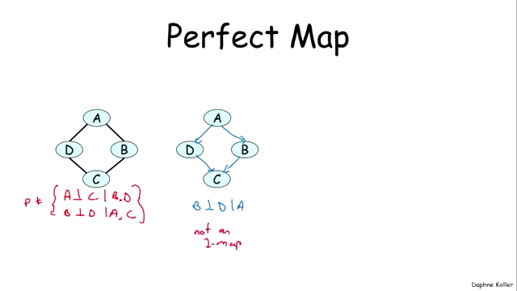Let's try a different way of organizing the edges. So, for example, here we have, sure enough, and this is good, that B and D are independent given A and C. Okay?